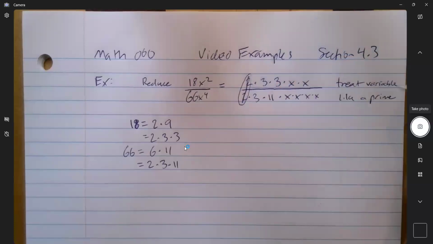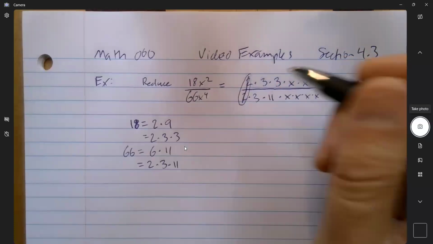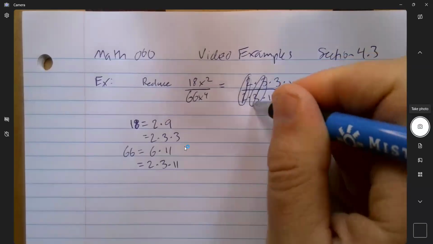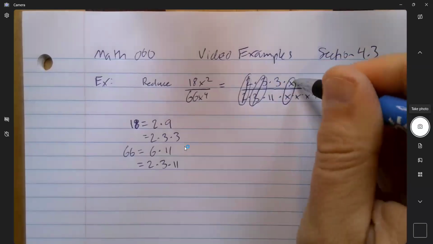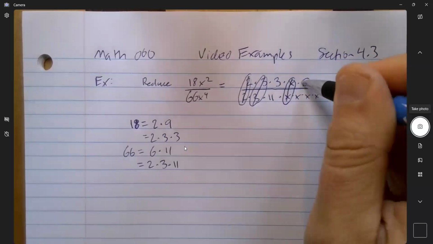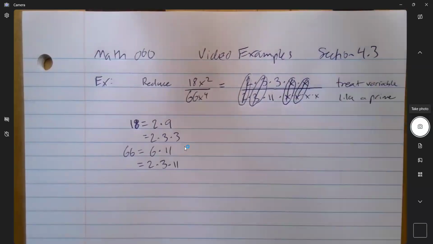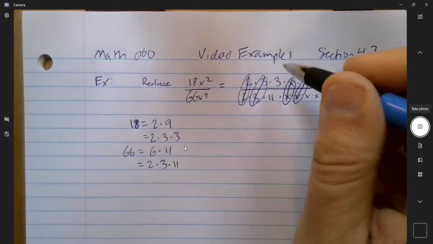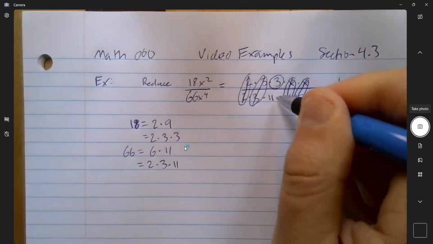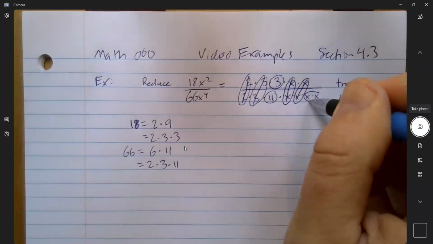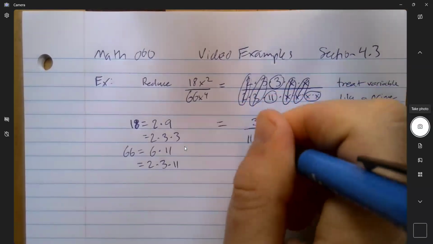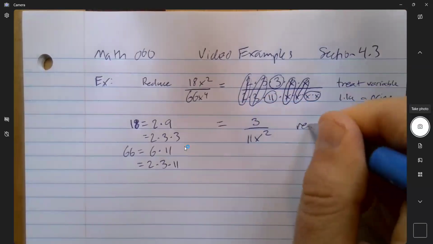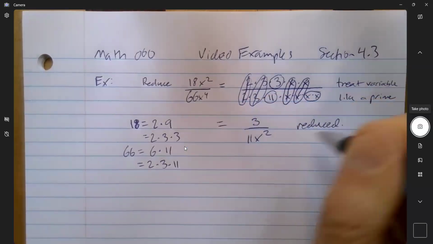There's a prime that's shared, so I cancel that out. And there's a prime that's shared, so I cancel that out. And also, the x's I treat as primes, so I cancel 1, 2 of the x's. And that leaves me with 3 on the top and 11x squared on the bottom. 3 over 11x squared, and that is reduced.